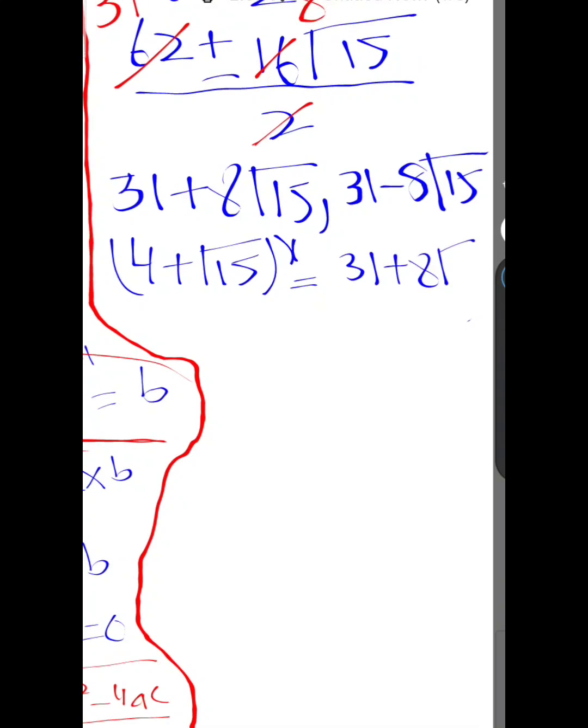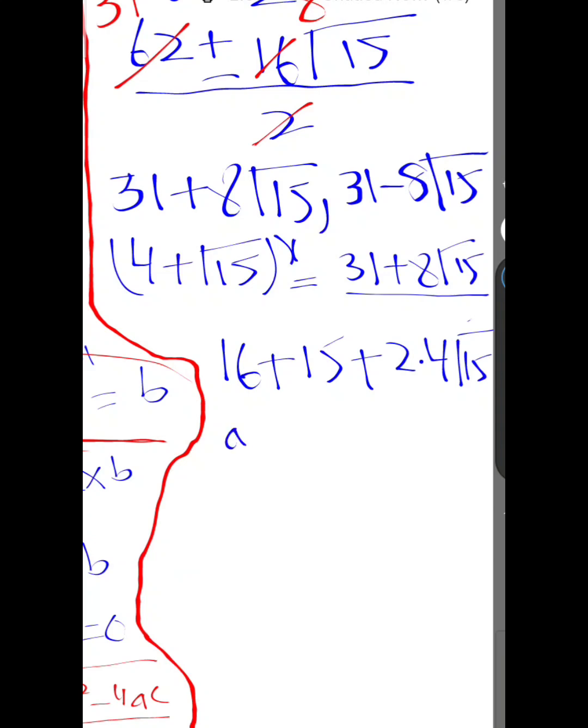Now we have to find something common in both sides. If we split 31 as 16 plus 15, plus 2 times 4 times square root 15, I think it is matching with the term on the left hand side.